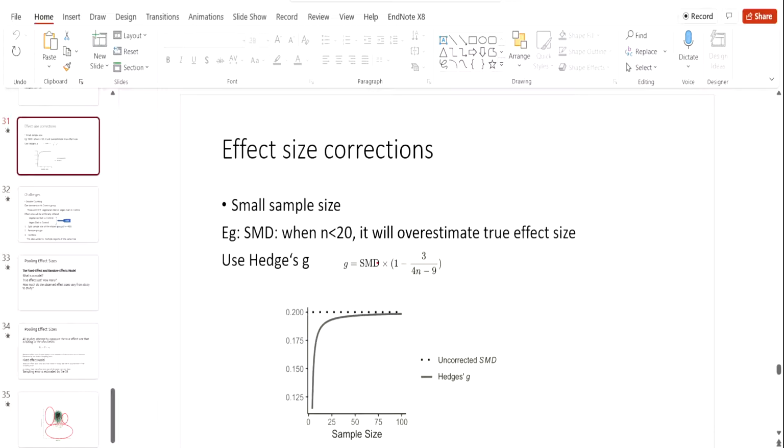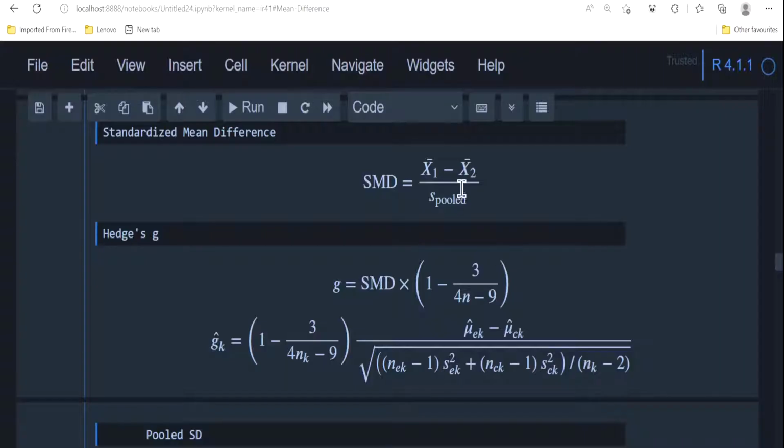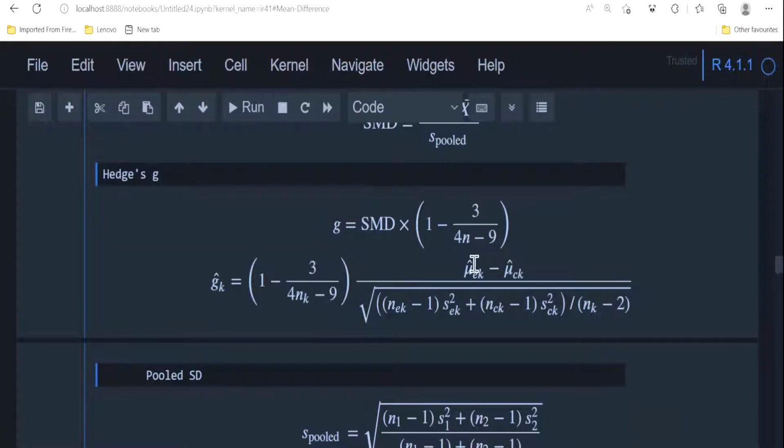This N is the total of the sample size in the experimental and control groups, so you add them and multiply that value with the standardized mean difference. If the sample size is big, this number will be really tiny, so the factor will be approximately 1, and Hedges' g will be approximately the same as the standardized mean difference. But if the sample size is small, then the Hedges' g correction makes more of an effect. It will be smaller than the standardized mean difference you get directly from the formula.